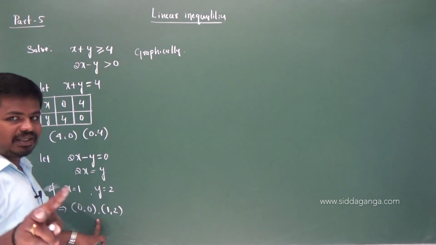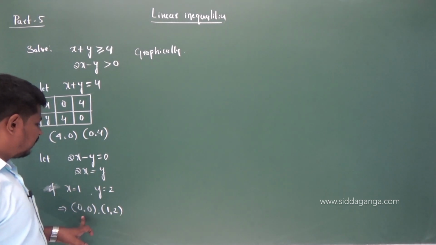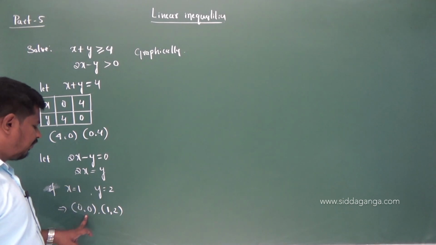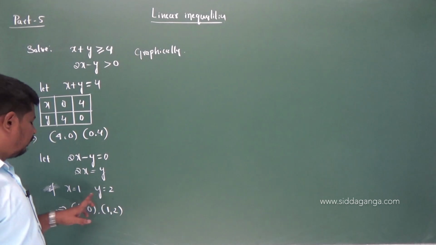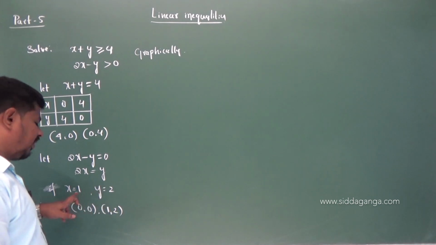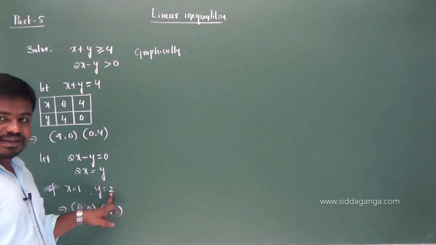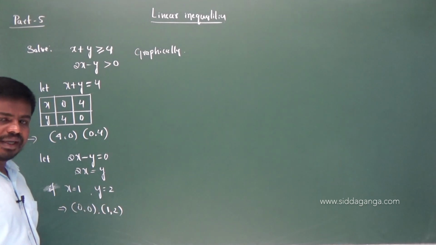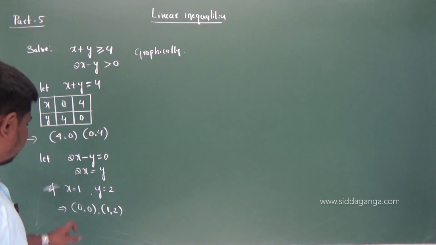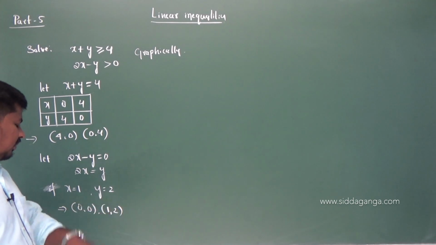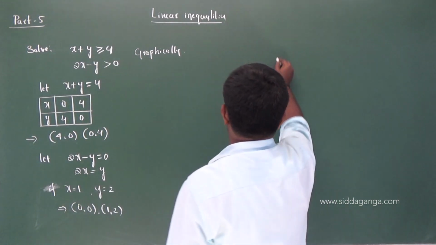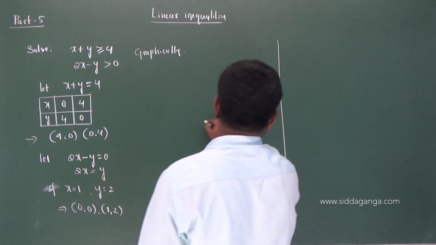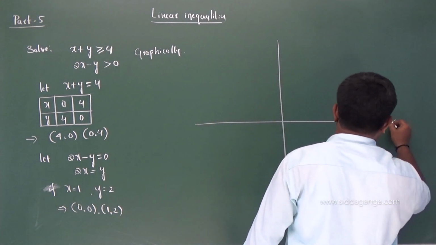To draw a line we need at least 2 points. Now from these 2 points, let us draw these 2 lines in the graph.